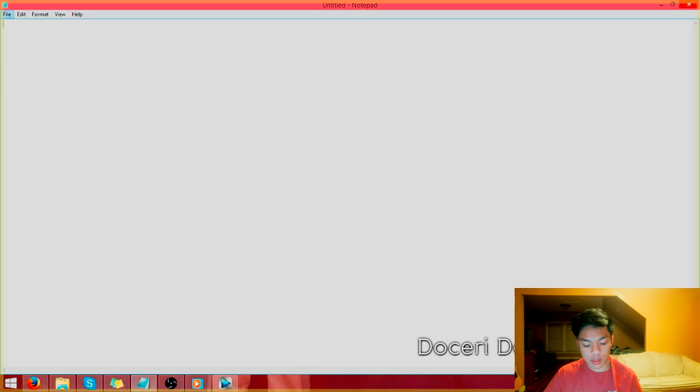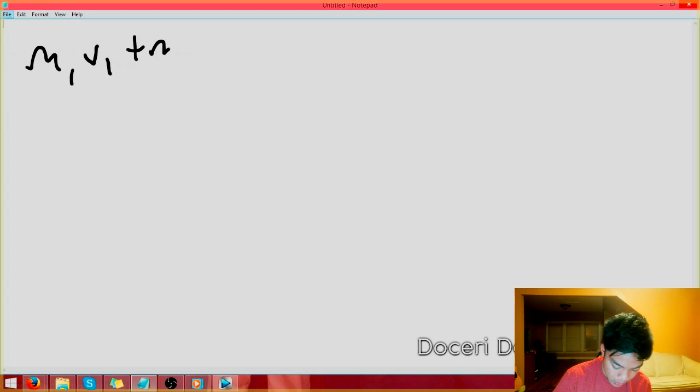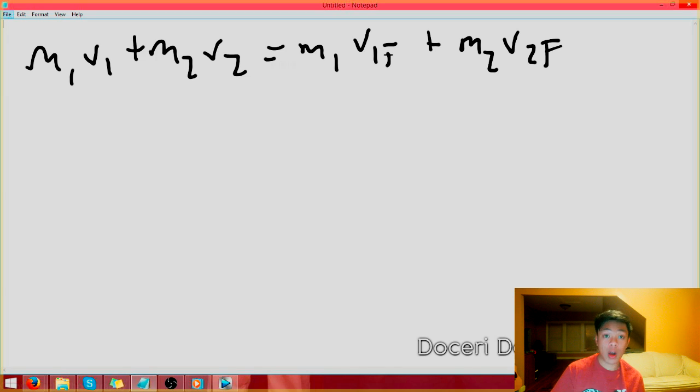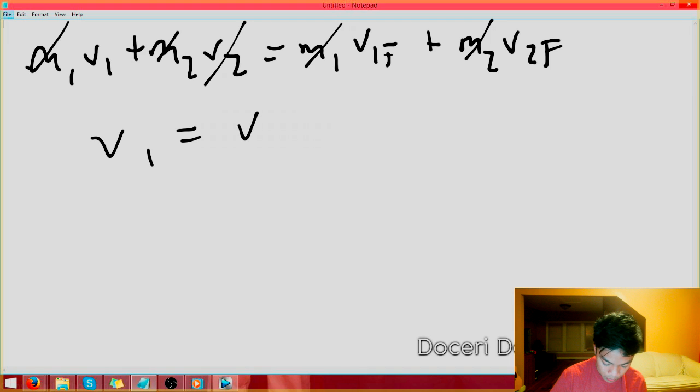So first we're going to start off with the x component. We start with the conservation of momentum equation: m1 v1 plus m2 v2 equals m1 v1 final plus m2 v2 final. All the billiard balls are of the same mass, so we can cancel out all the masses. And v2 is equal to 0, so we can cancel that out. So we have v1 equals v1 final plus v2 final. v1 initially is 5 meters per second.